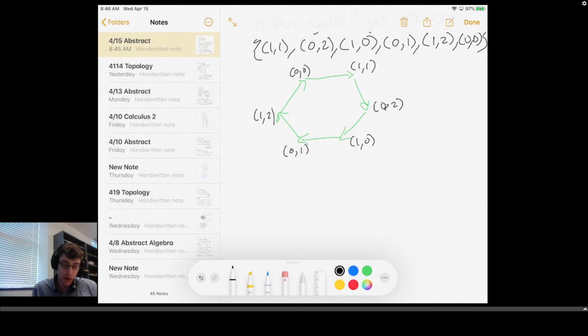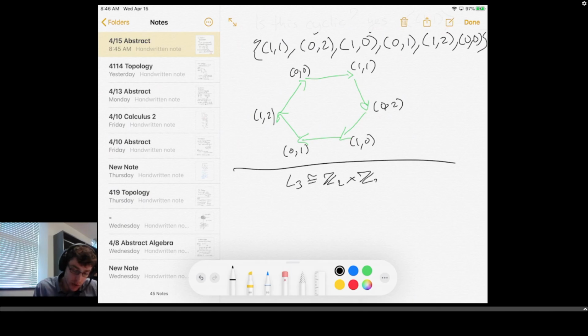So, okay, I want to see. You recognized earlier, right, that L3 should be Z2 cross Z2 cross Z2. So if you see just 2 of them, what common things that we have seen is this isomorphic to? Thing or things?